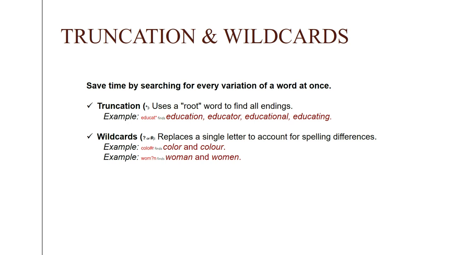So if we are searching for the topic education, and it's a broad search, and I put educat and then the star, I will find either education, educator, educational, educating. So it's not limiting me the way it would if I had just typed education.